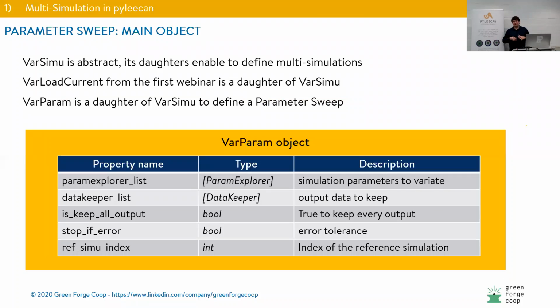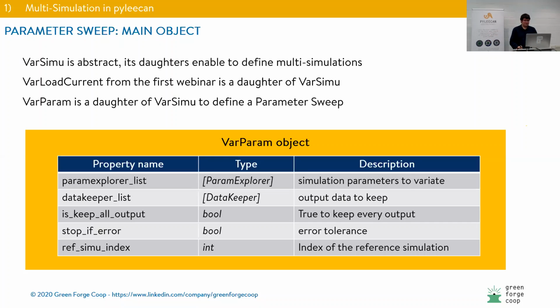And then once you have all that, you have the VarParam object that will gather all this information to define your parameter sweep. As you can see, there is a ParamExplorer list, that is a list of the ParamExplorer objects that we have defined, so the list of the inputs that you want to change. Then a DataKeeper list, so the list of the outputs you want to keep.